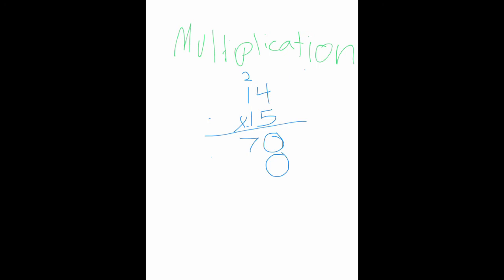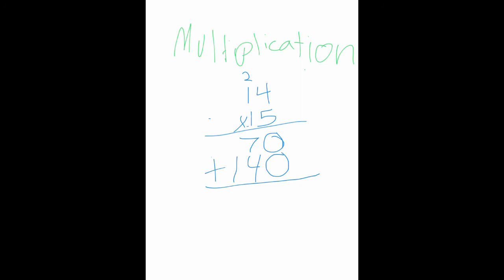So 1 times 4 is 4, and then 1 times 1 is 1, and there you go. We have 70 and 140, and you might be wondering, okay, what are we going to do with these numbers? We are going to add them.